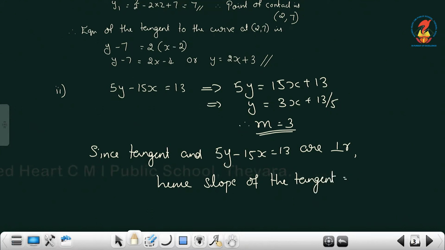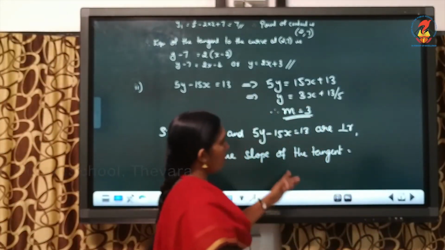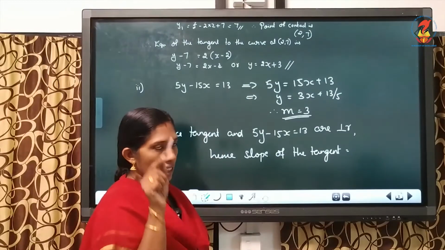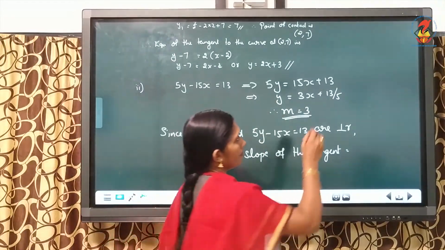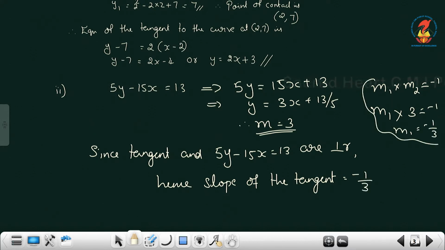These two lines are perpendicular, means m1 into m2 is equal to minus 1, or slope of the tangent is negative 1 by this number. Let m1 be the slope of the tangent and m2 is this 3. So what is m1? Minus 1 by 3.